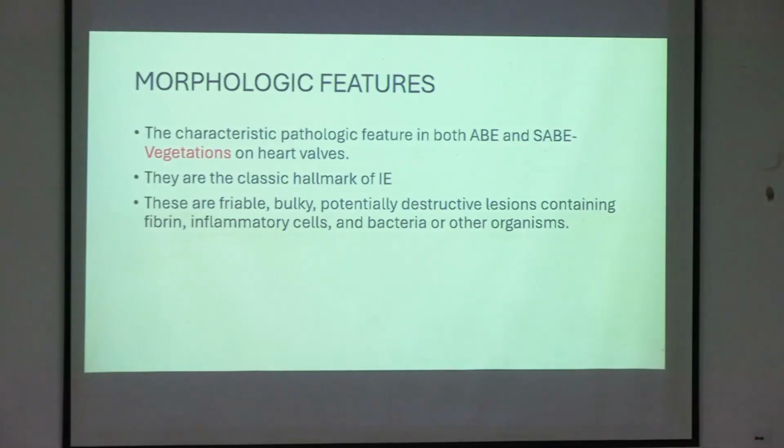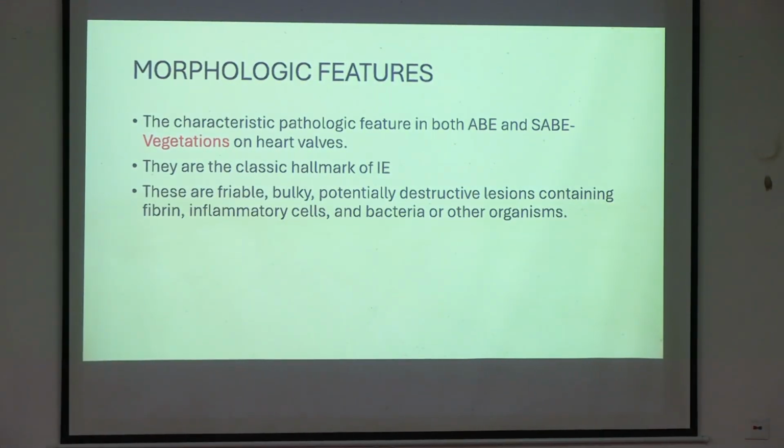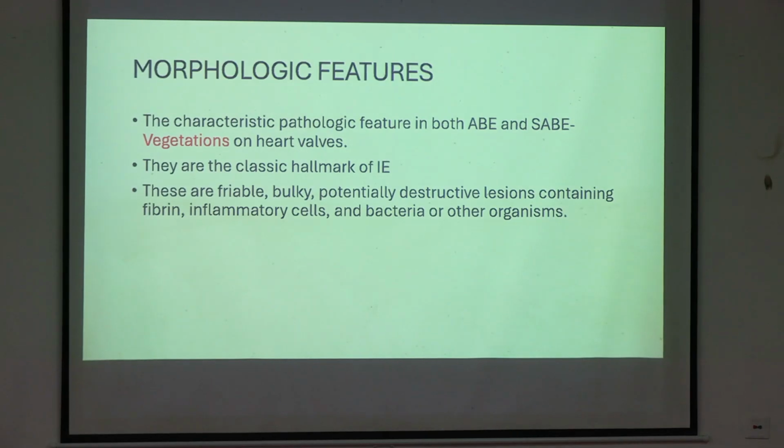Easily breakable, good. Then they are bulky, potentially destructive lesions containing fibrin, inflammatory cells, bacteria or other organisms. So if someone asks what is vegetation, you have to tell this. Clear?